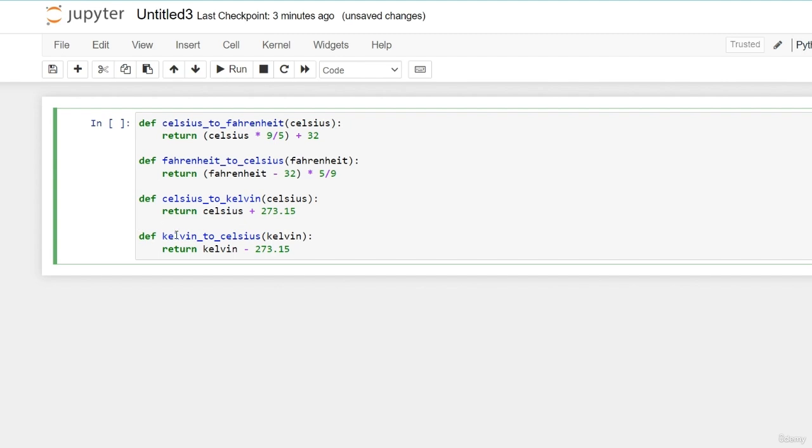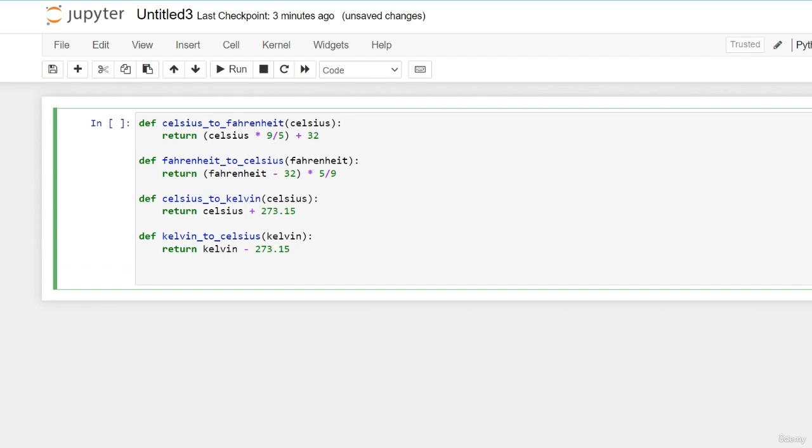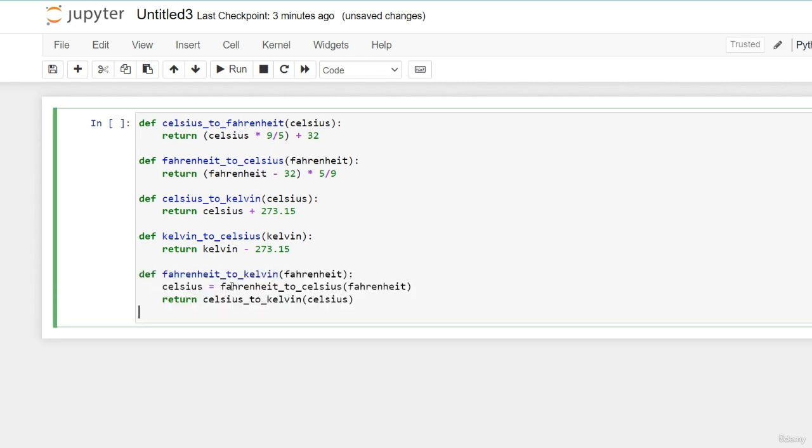What is left is from Fahrenheit to Kelvin and from Kelvin to Fahrenheit. So this is our function to convert from Fahrenheit to Kelvin. We take the Fahrenheit to Celsius, and then we return the Celsius to Kelvin.